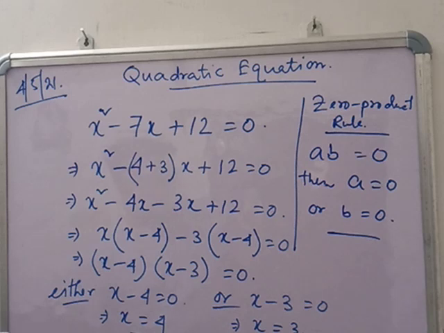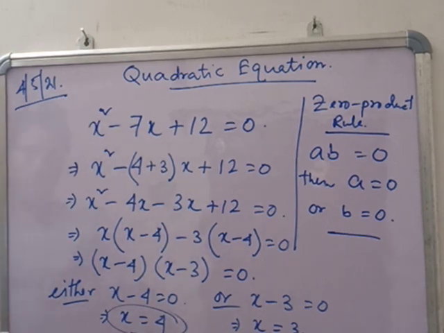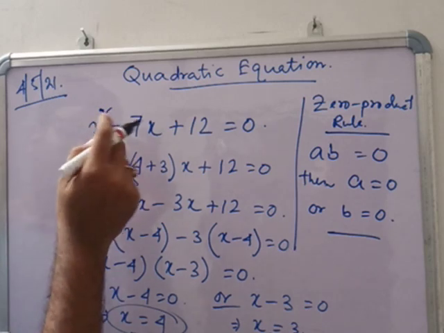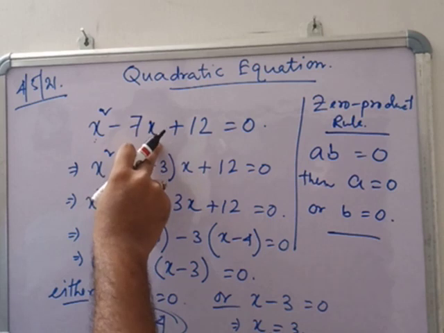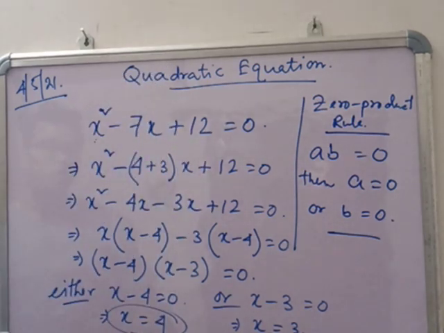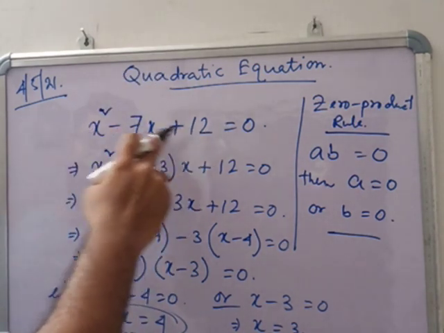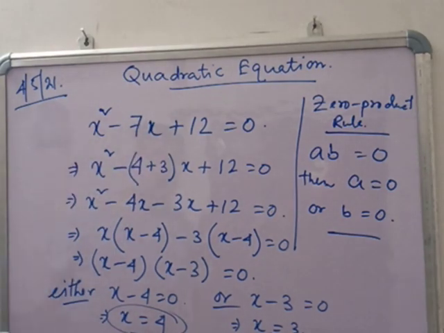So what is the meaning of a root? That means for these two values, the equation gives 0. Now check it here, x equals to 4. If you put x equals to 4, 4 square minus 7 into 4 plus 12. 4 square means 16, minus 28, plus 12. 16 plus 12 is 28, 28 minus 28 is 0.